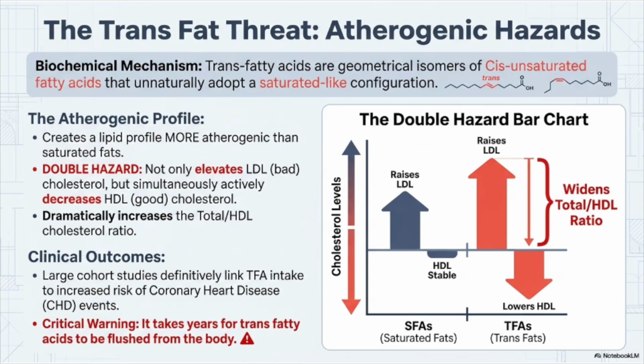Trans fats not only elevate LDL, the bad cholesterol, but simultaneously actively decrease HDL, the good cholesterol, dramatically increasing the total to HDL cholesterol ratio. Clinically, large cohort studies definitively link trans fatty acid intake to increased risk of coronary heart disease events. And critically, it takes years for trans fatty acids to be flushed from the body.